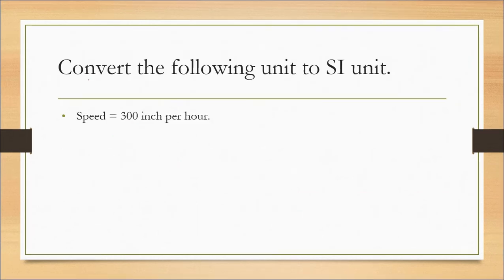Convert the following unit to SI unit. So I have here the unit inch per hour, and I want to convert it to SI unit. Inch is a unit of distance in the American system. In SI, the unit of length or distance is meter, and time is second.